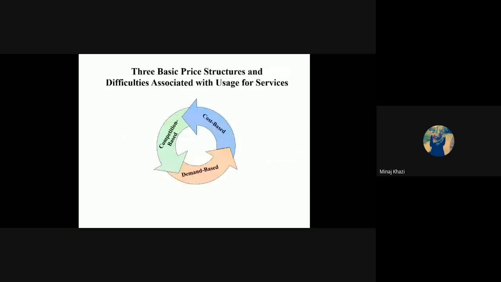Next are three basic price structures and difficulties associated with usage of services. On what different bases are price structures given for services? First one is cost based. What do you mean by cost based? How do you arrive at that particular price? You add the expenses from raw materials, labor, as well as a percentage of overhead, as well as the profits you are adding.